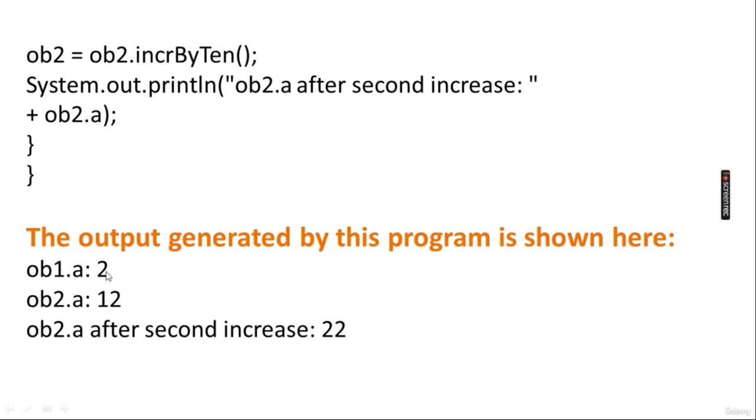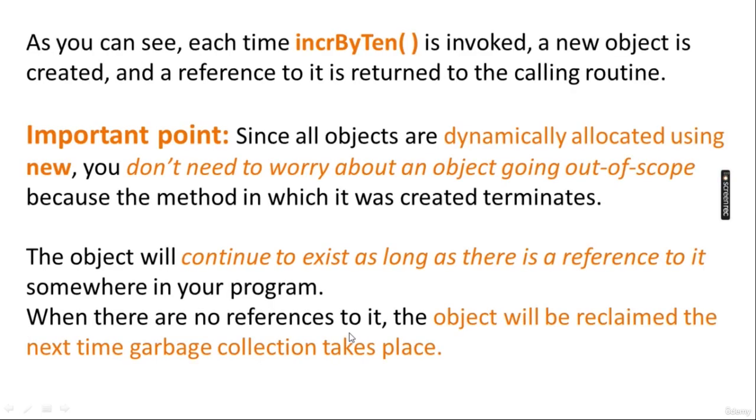So the first time the value is 2, the second time the value is 12, and the third time the value is 22. Each time increment by 10 is invoked, a new object is created and a reference to it is returned to the calling routine.